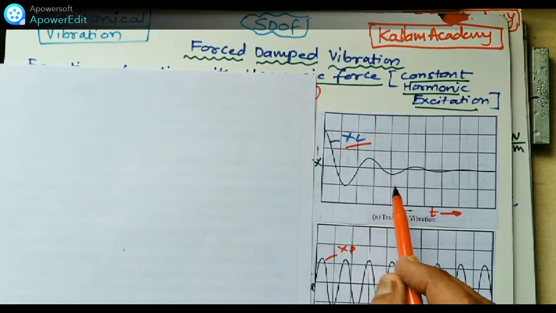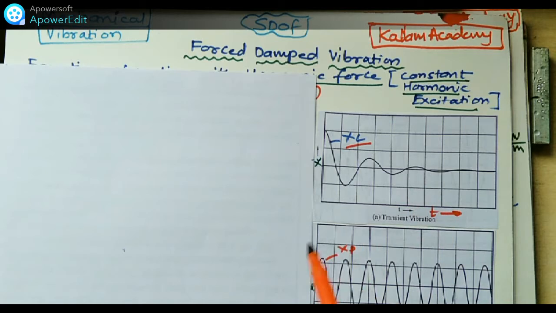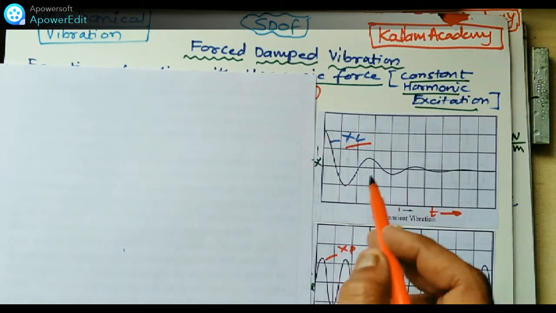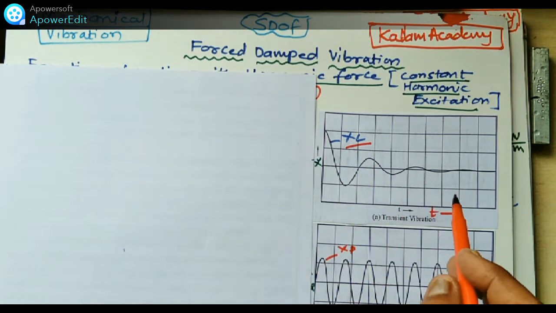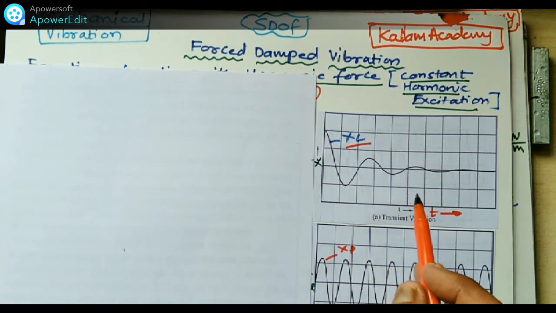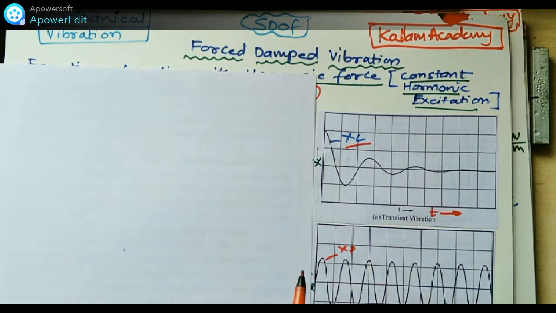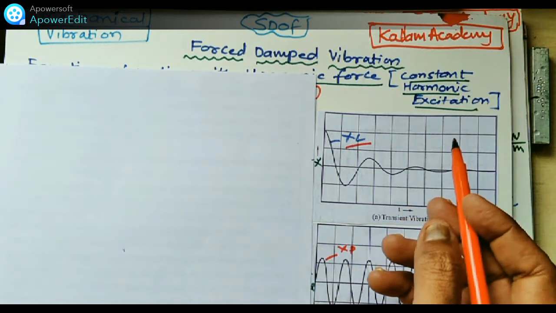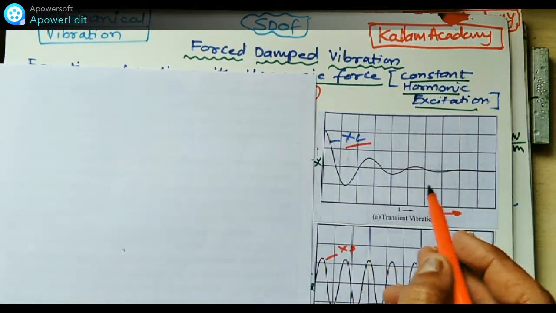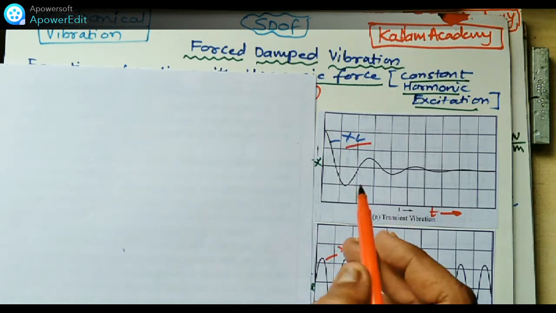The first part, that is the xc, the complementary function, will vanish ultimately after some time. This wave will vanish ultimately after some time. So this is called transient. It will go on vanishing, and it is more during the starting.